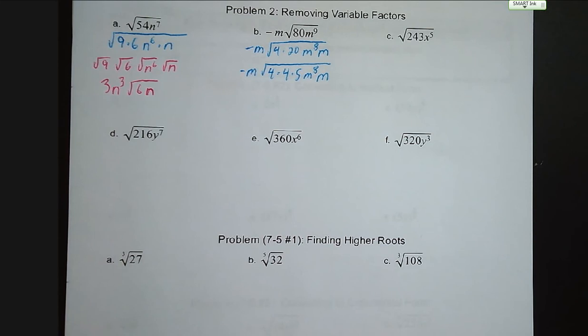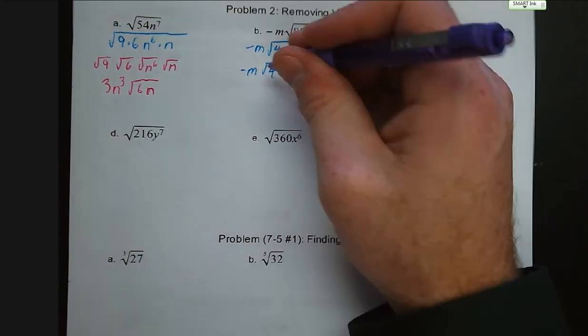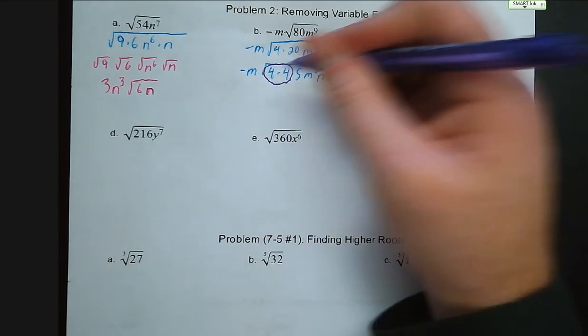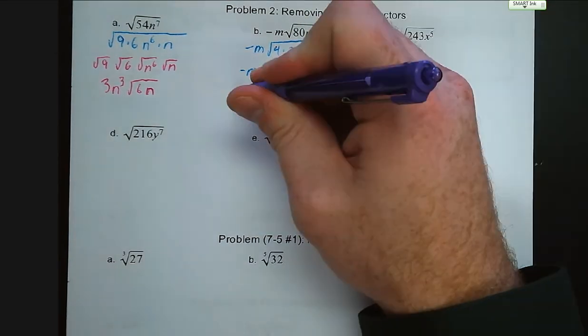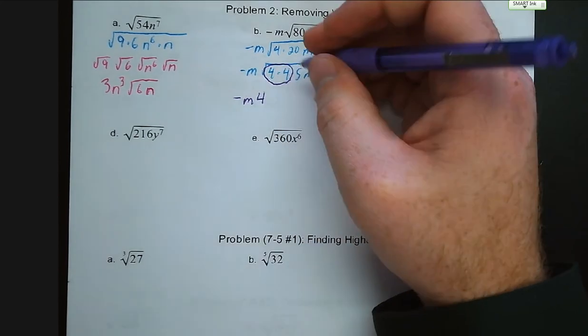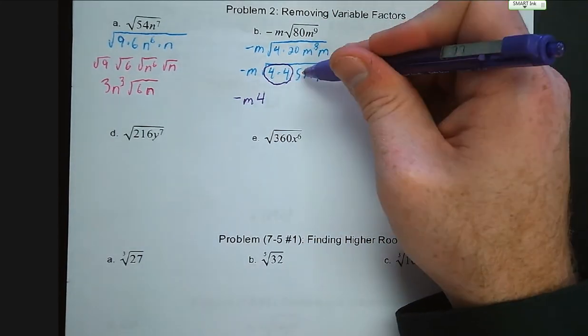Because if we've got the square root of 16, 16 is 4 times 4, square root of 16 would be 4. So if we've got a pair of 4s right here, we're going to bring one of them to the outside. So we have negative m times 4, and we've got 5, can't do anything with.